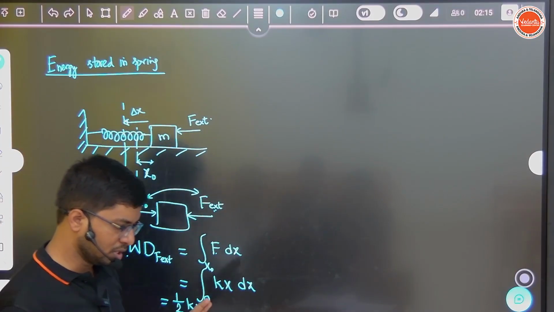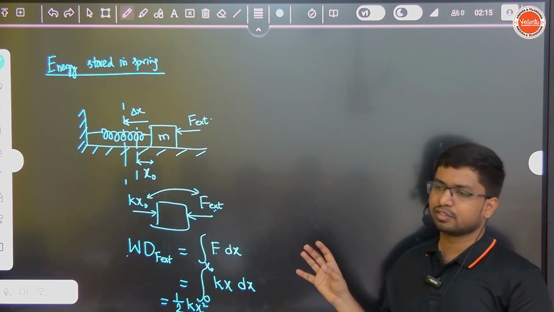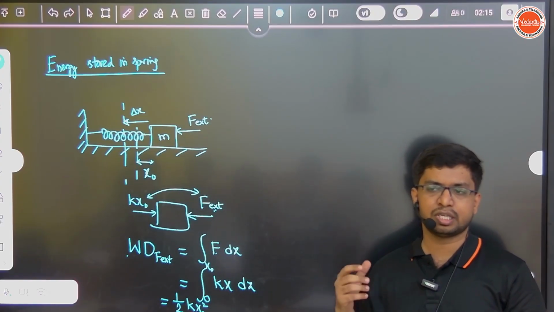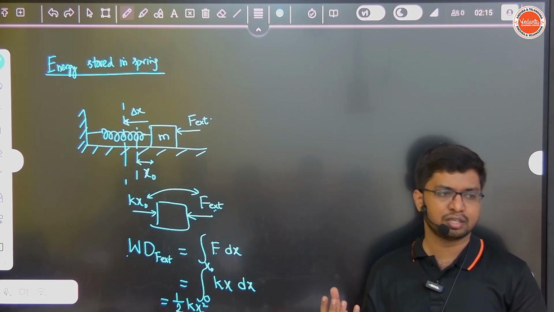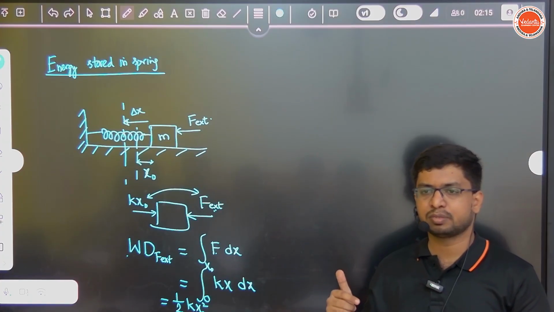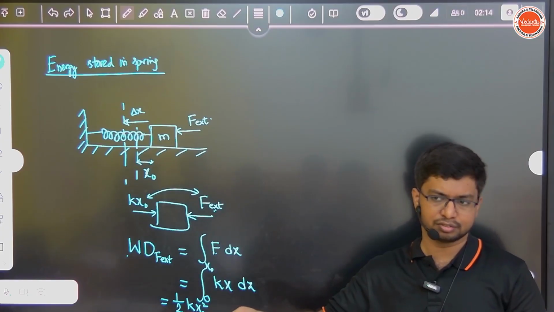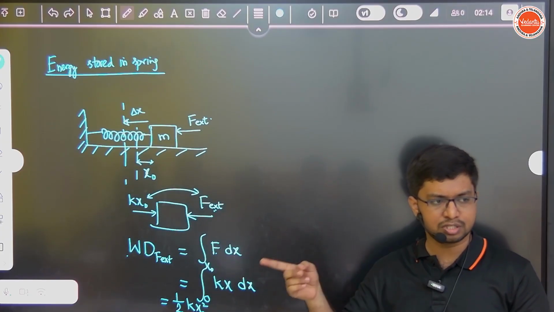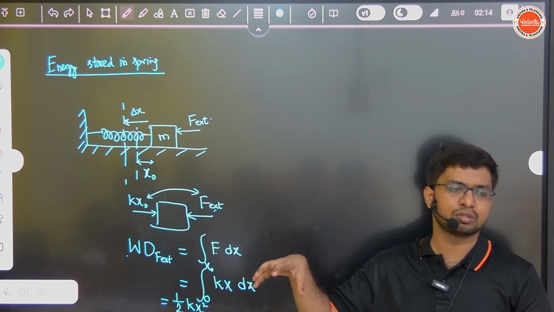From now onwards, keep this in mind: if work done by a force is positive, then the energy of the object on which the force has acted is going to increase.